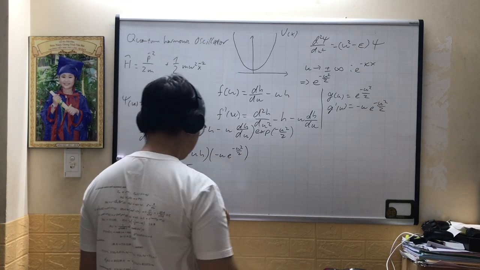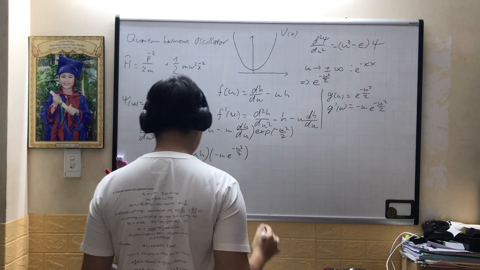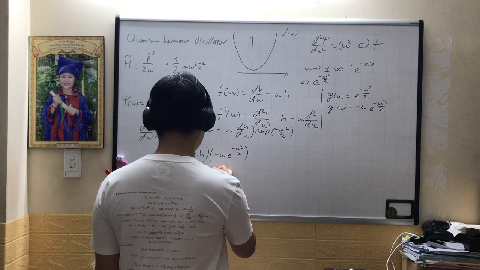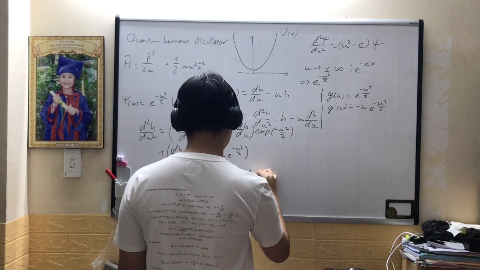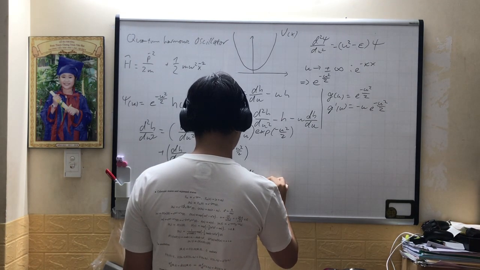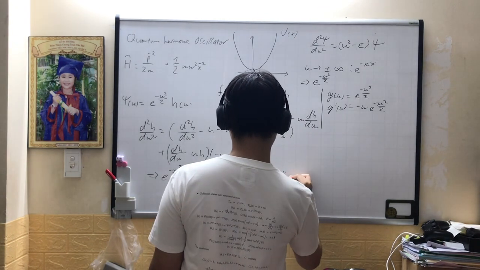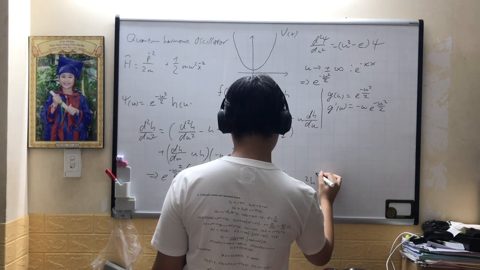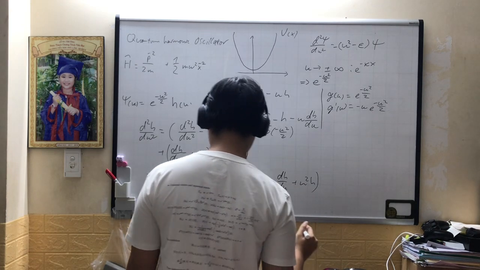Alright. Now, why did I write the square bracket? Don't need that. That is d squared h over du squared, minus, plus u squared h. Yeah, that looks about right.